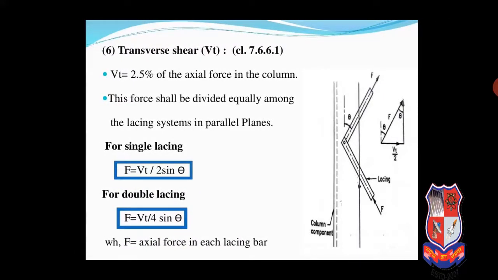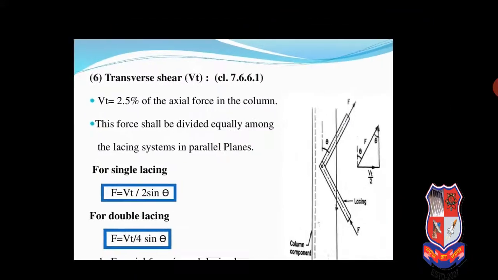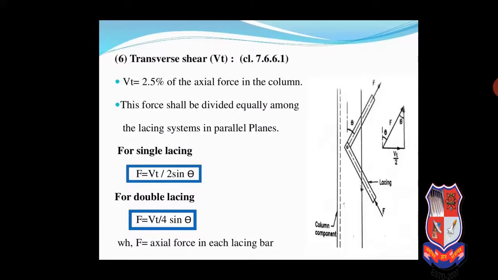For double lacing, F is equal to VT upon 4 sin theta, where F is the axial force in each lacing bar. So first of all, you have to find the axial force of each lacing bar, and VT should be taken as 2.5% of the axial force in the column.